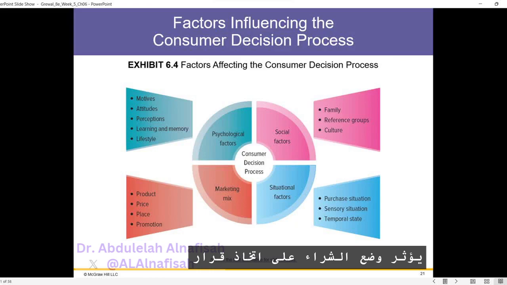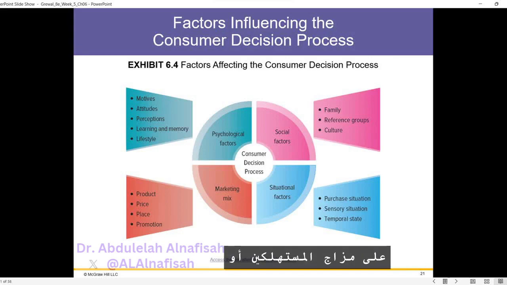The purchase situation affects consumer decision-making and motivators. Sensory situation, the physical or sensory aspects of the environment that influence consumers' mood, emotions, or perceptions. Factors like lighting, music, or smell can impact consumer experiences.